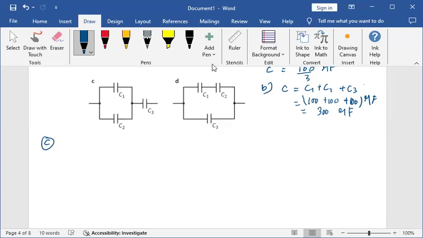And then let's see C. In this case, we have two capacitors in parallel, and they are in series with another capacitor.